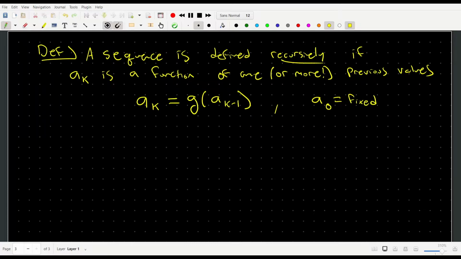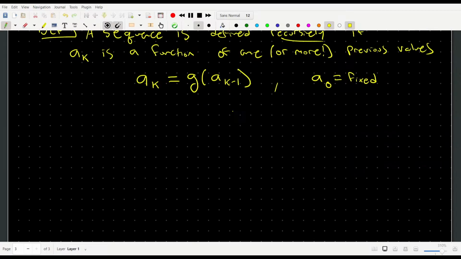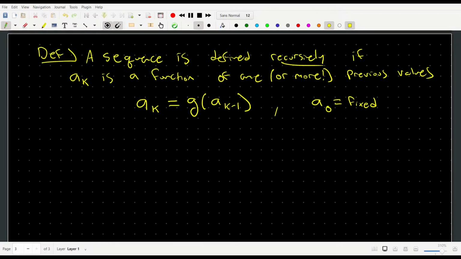And I want to really emphasize here that this function g could also be a multivariable function. It could depend on Ak minus 1, Ak minus 2, and so on and so forth. If it depends on two previous terms, then we have to fix two initial starting values, or they're sometimes called seed values for the sequence.